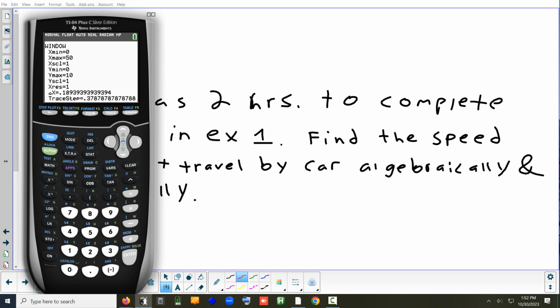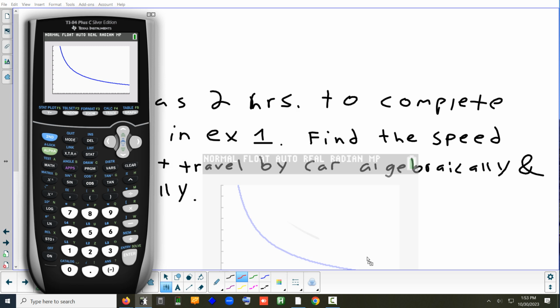So could it ever take 0 minutes to do the trip? No, even if she was going 2,000 miles an hour, it's still not 0 time. It's quick, but it's not 0. So what happens to the amount of time it takes? Well, as she goes faster, the amount of time it takes gets less and less, but it will never reach 0. It can't take 0 minutes. All right.